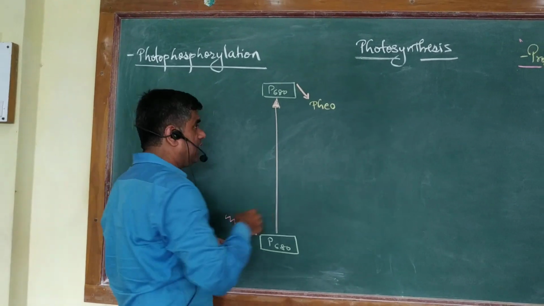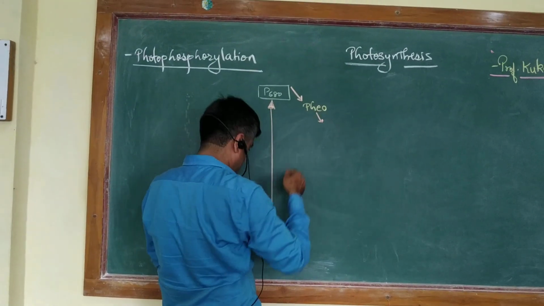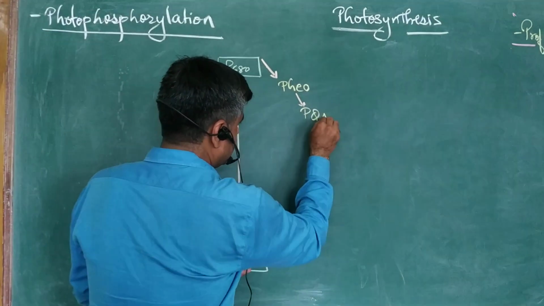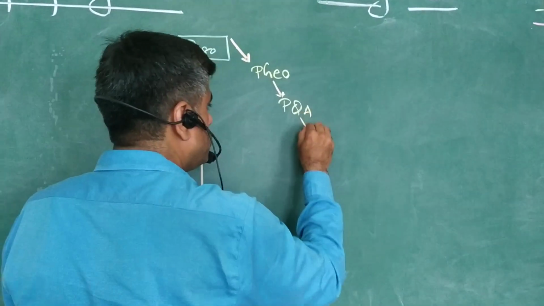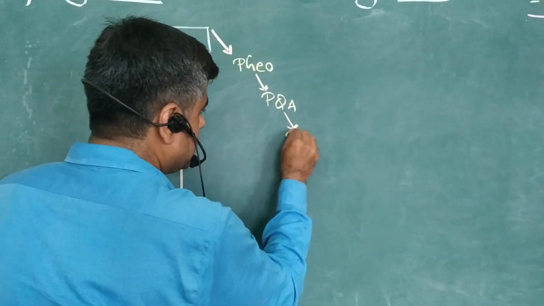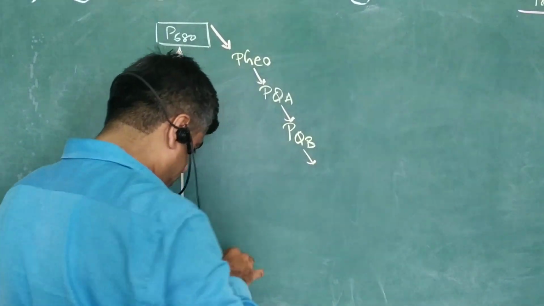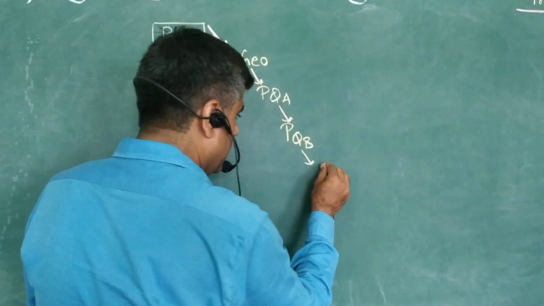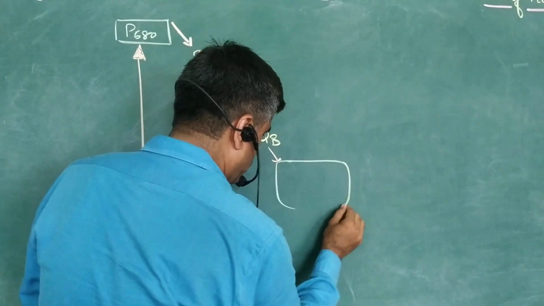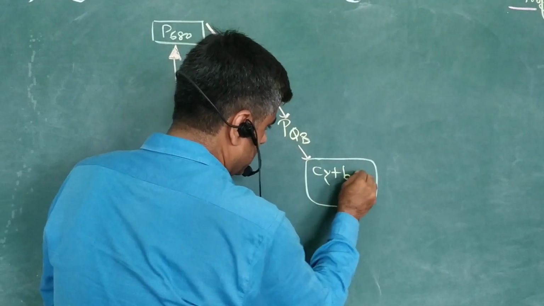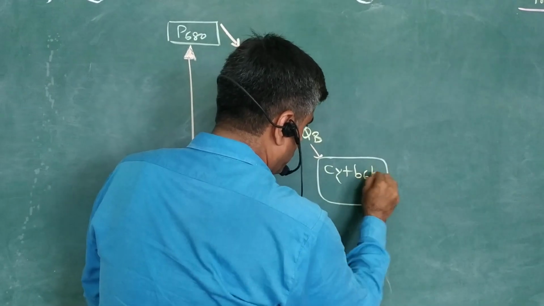From this pheophytin, the electron goes to your plastoquinone, we refer to as PQA. This then gives the electrons to PQB. This then gives electrons to your cytochrome B6F complex, right? This particular cytochrome B6F complex, we know, is responsible for generation of the proton gradient.